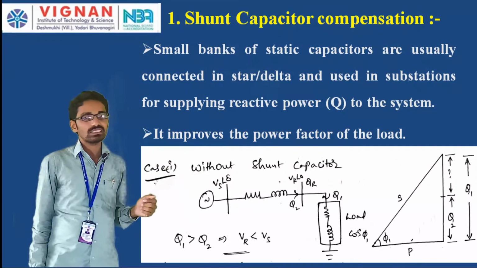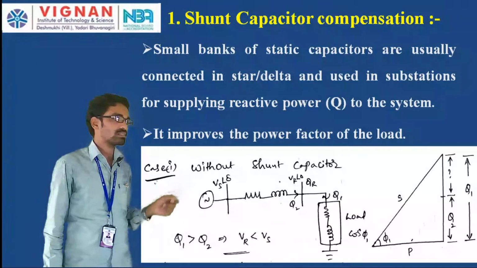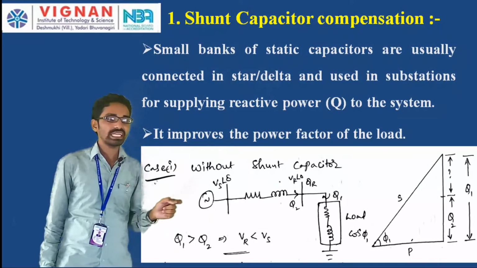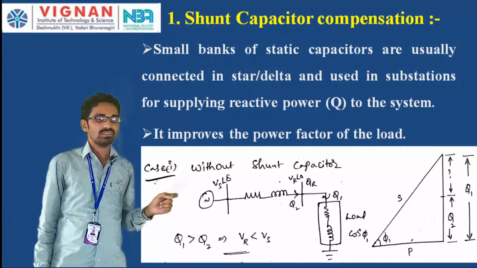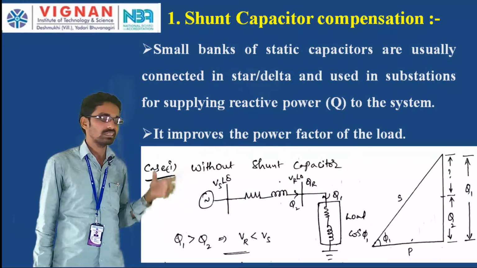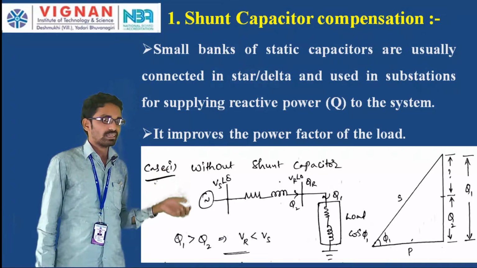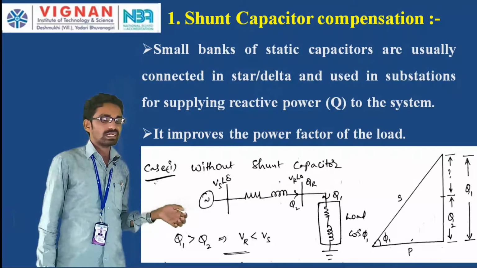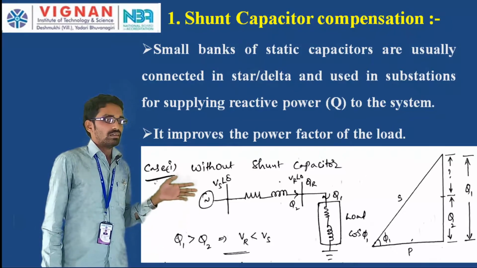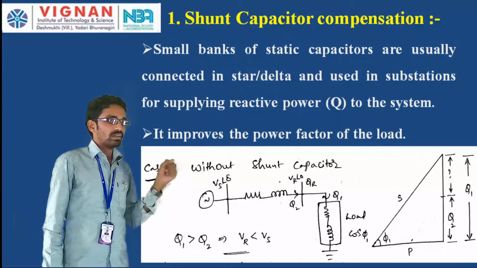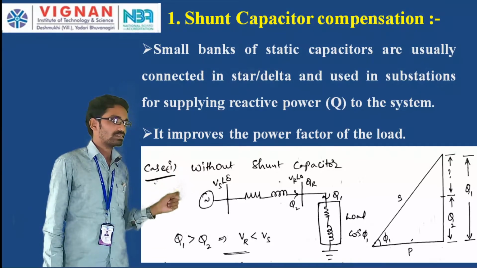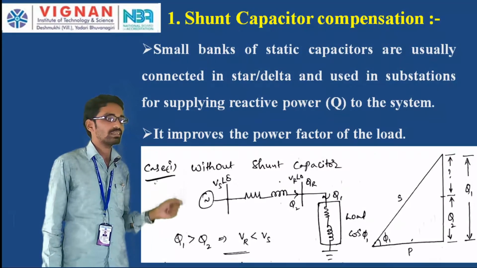So, let us consider how the behavior of the shunt capacitor happens when we are connecting these to the transmission system or at the substations. As of now, I am considering shunt capacitor compensation, that is, I am connecting the shunt capacitor at the receiving end side.